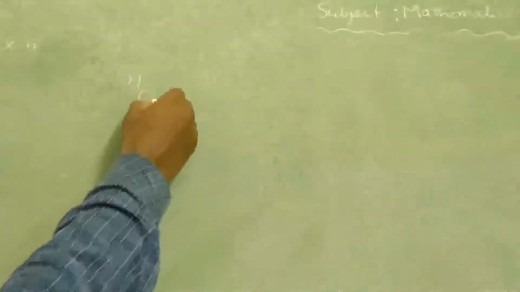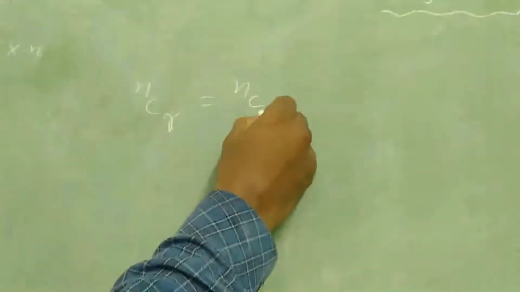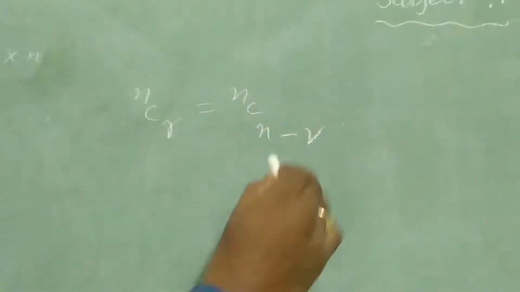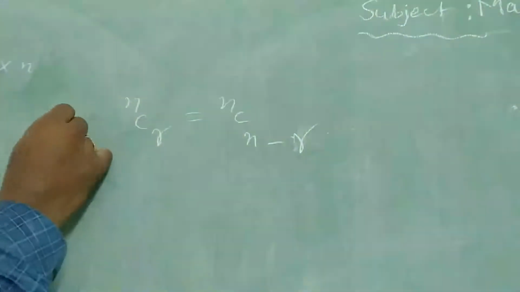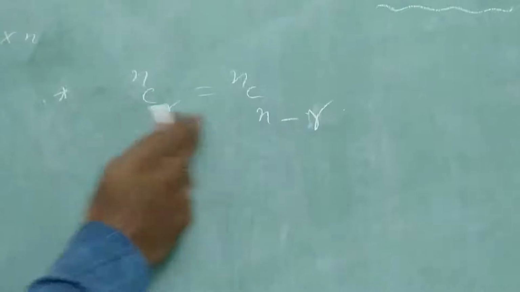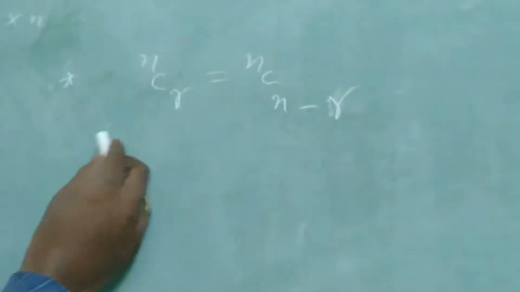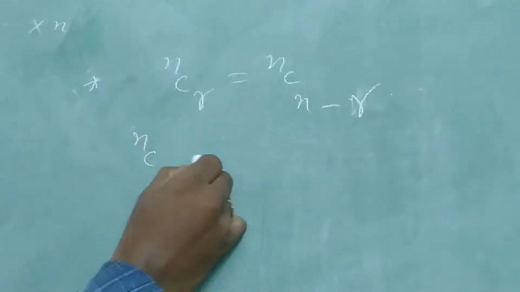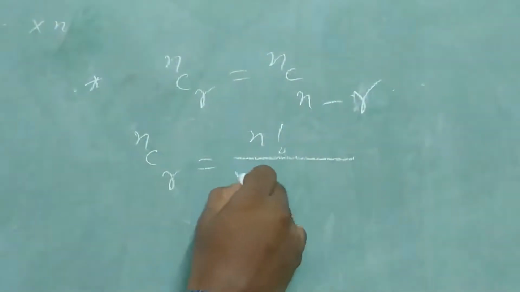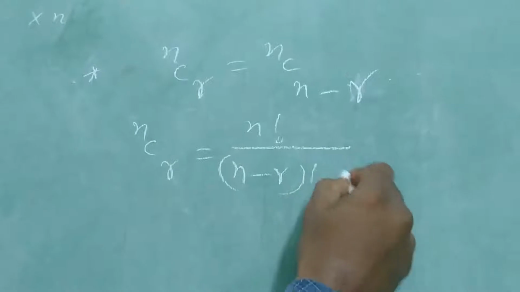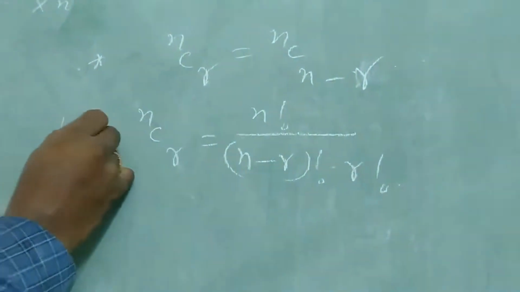And one more doubt: sir, is nCr equal to nC(n minus r)? This is the second one. Both values are the same. nCr is equal to nC(n minus r). Now we can prove it. You know the formula of nCr is equal to n factorial by (n minus r) factorial into r factorial. It is the LHS.